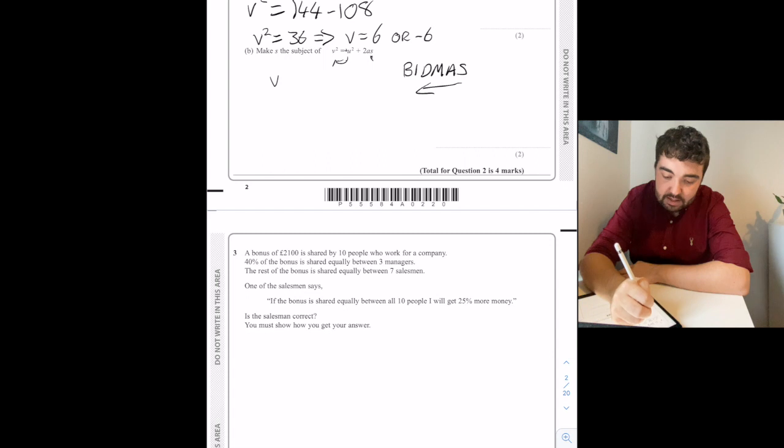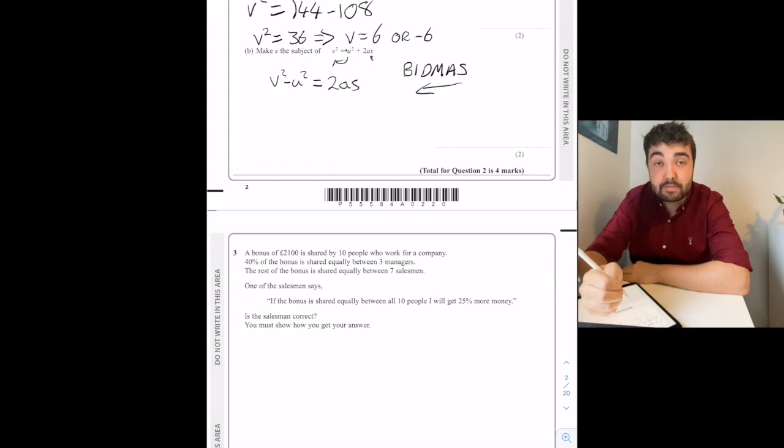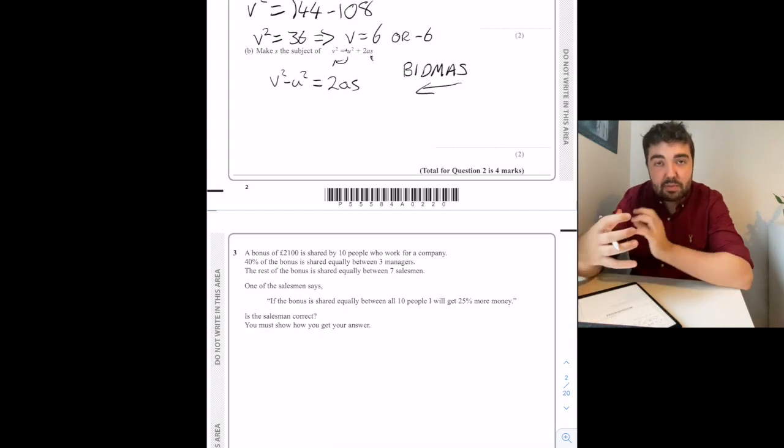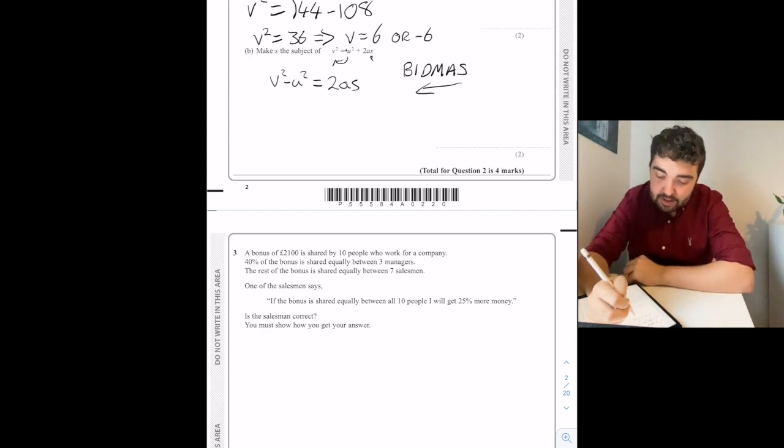So it's going to be v squared minus u squared equals 2as. Then we've got to deal with the rest. If we think about what's wrapped around that s now, s is tucked in right in the middle, and it's got a 2a holding it down. So we'll deal with that next.